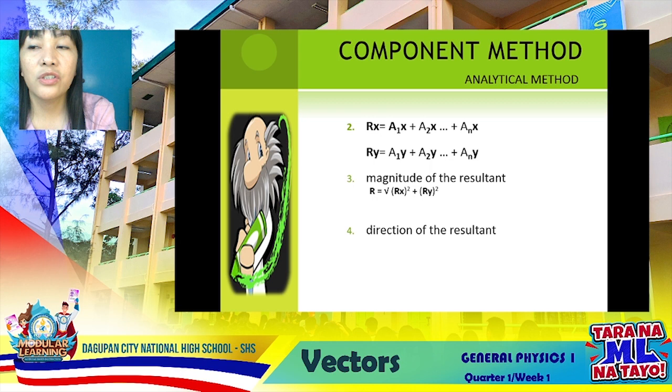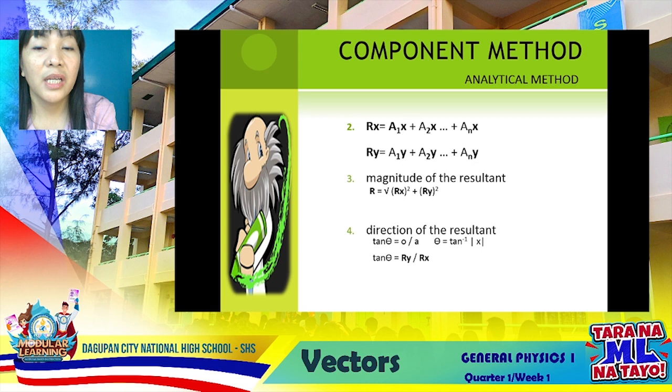Now for the direction, we use the trigonometric function tangent. So to find the angle, theta is equal to the inverse tangent of the absolute value of r sub y divided by r sub x.